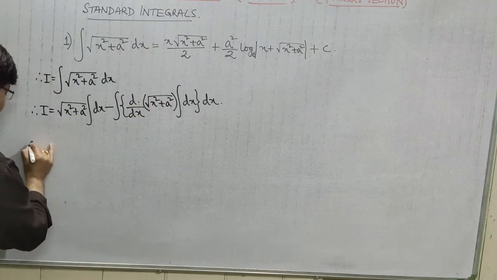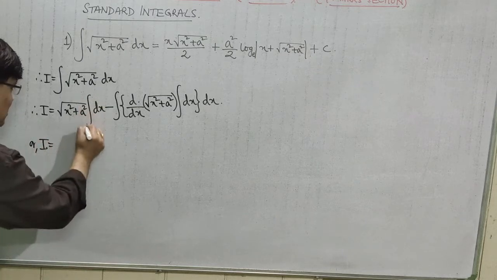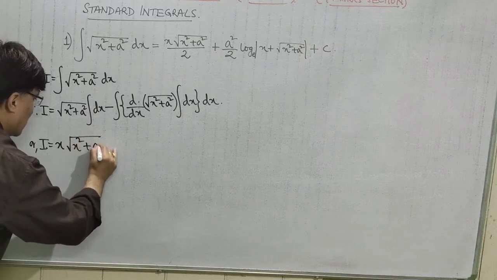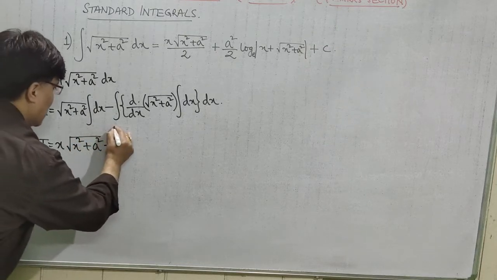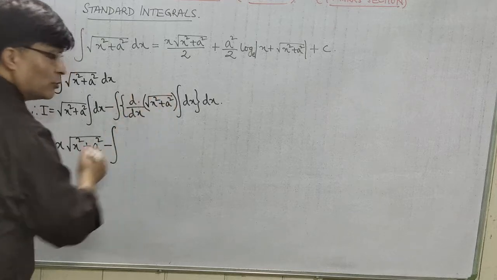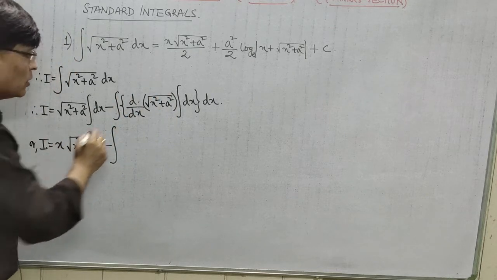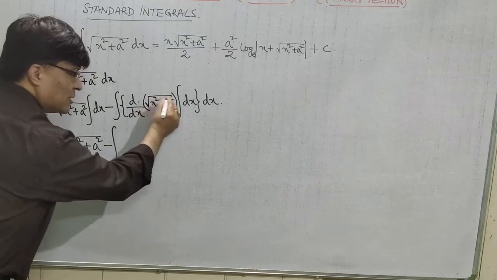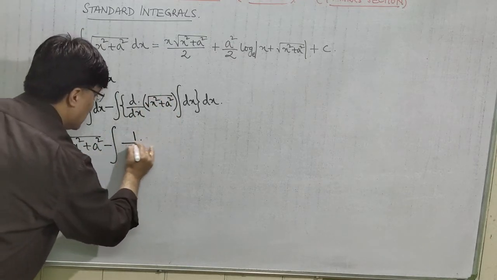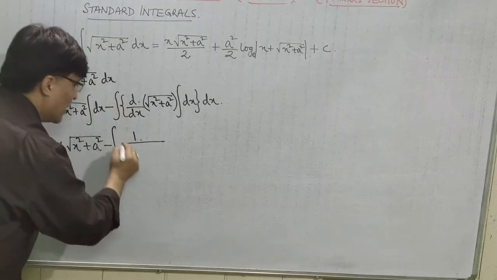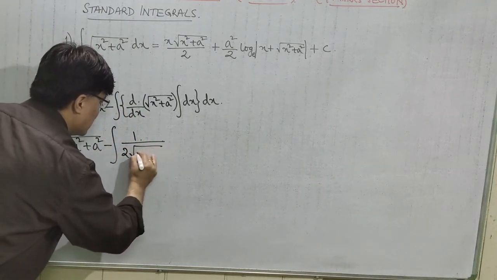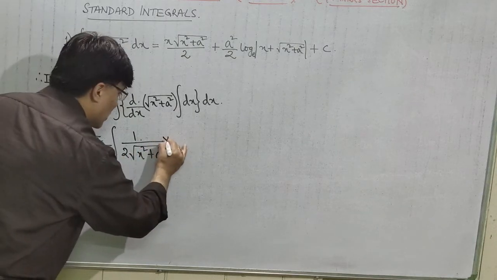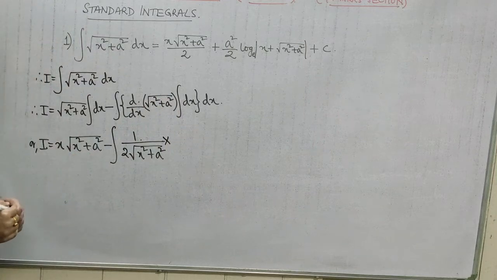Or I is equal to, what is integral sign dx? This is x root over x square plus a square minus integration of, what is dy dx of root over x square plus a square? It is just like root over x. What is the differentiation of root x? 1 by 2 root x, but here it is 2 root over x square plus a square, into again differentiating the term which is assumed as x.